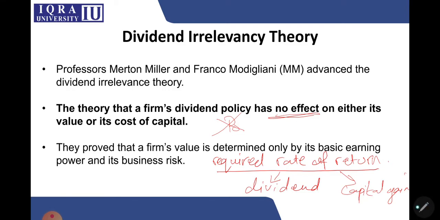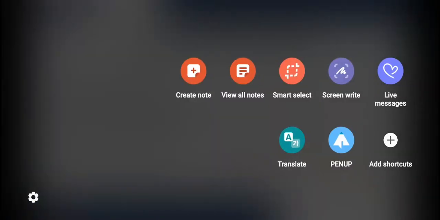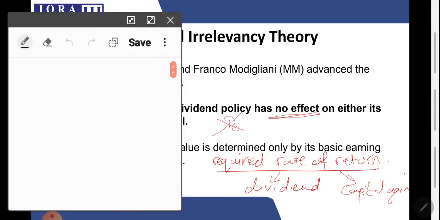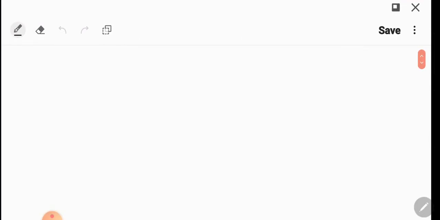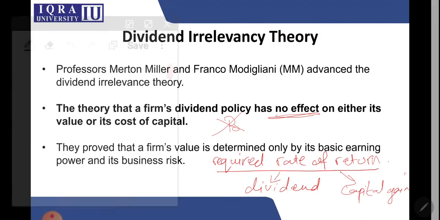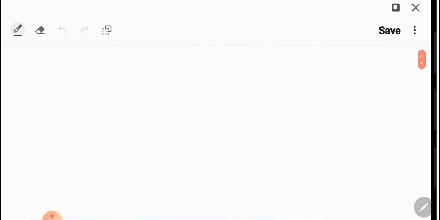For this I'm going to use this formula. This is basically the expected rate of return formula, but in equilibrium the expected and the required rate are equal.